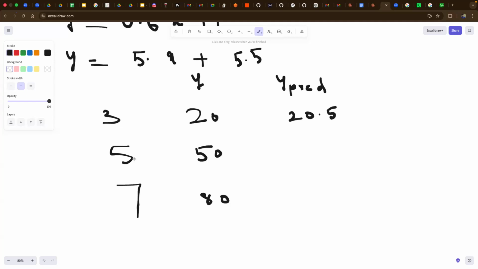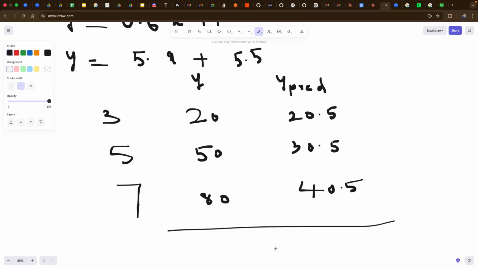And then 5 into 5, 25. 25 plus 5.5, 30.5. And 7 into 5, 35. 35 plus 5.5, 40.5. So you can see total error might have come down a bit.